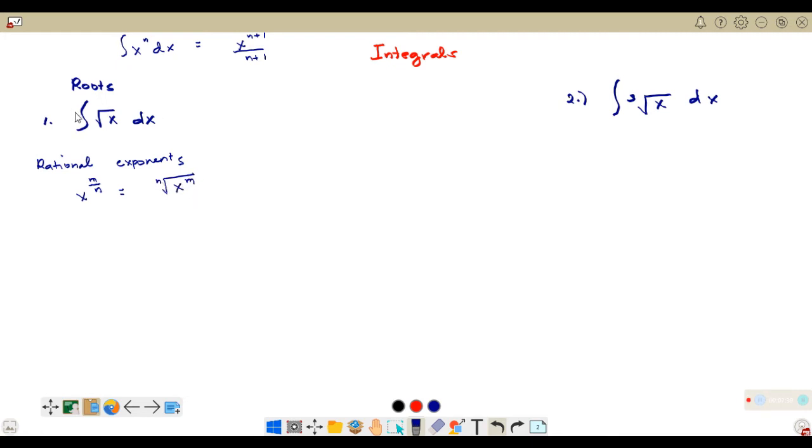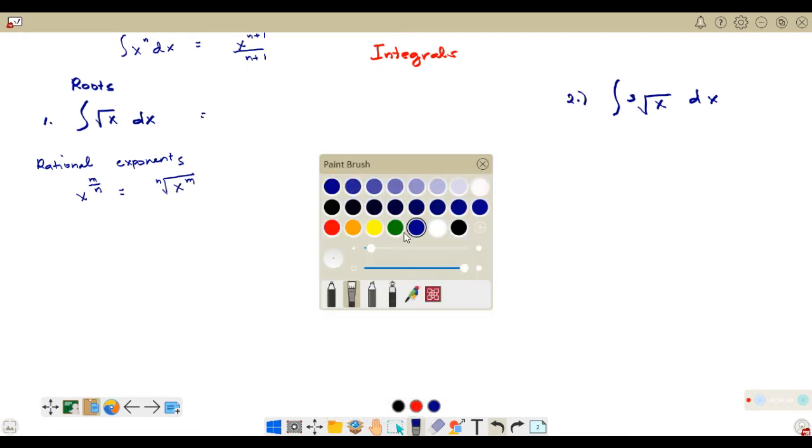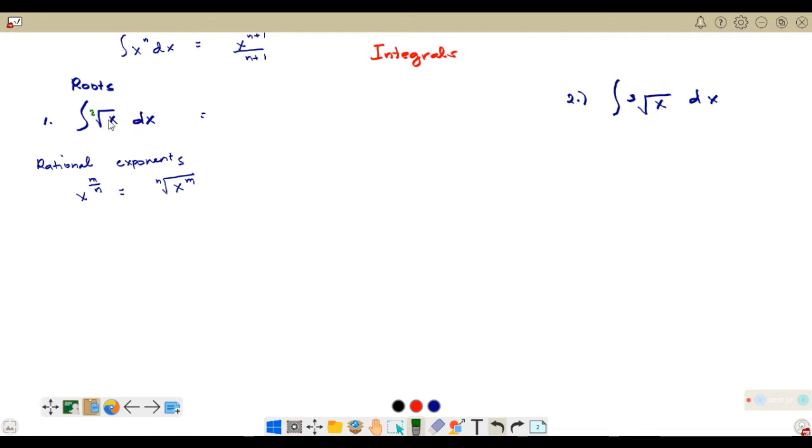So ito, itong square root of x natin dito, yung square function natin, can also be written that way. Baguhin natin yung kulay niya. Wala tayong nakasulat sa index, so it is understood to be 2. Wala tayong nakasulat sa power, so it is understood to be 1. And we can write this as the integral of x raised to 1/2 dx. Now, let's get the integral of this function.